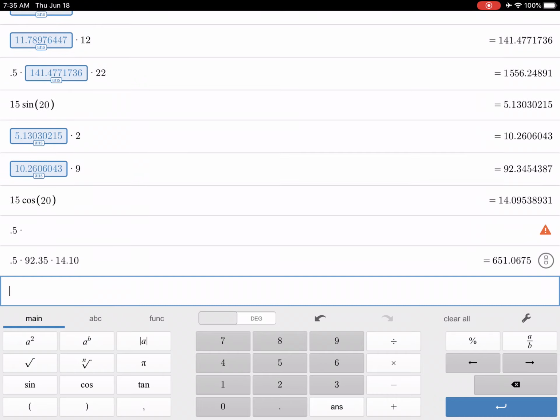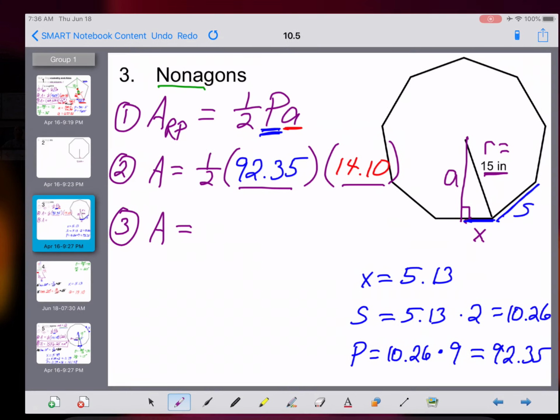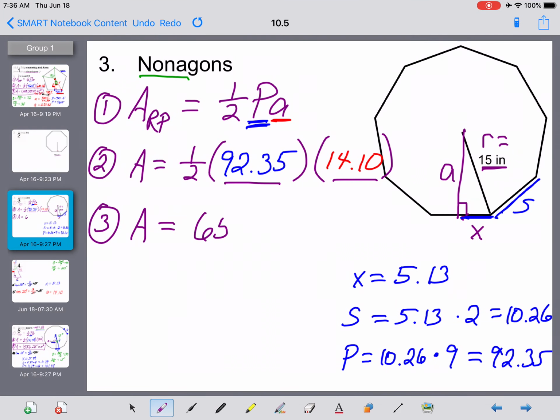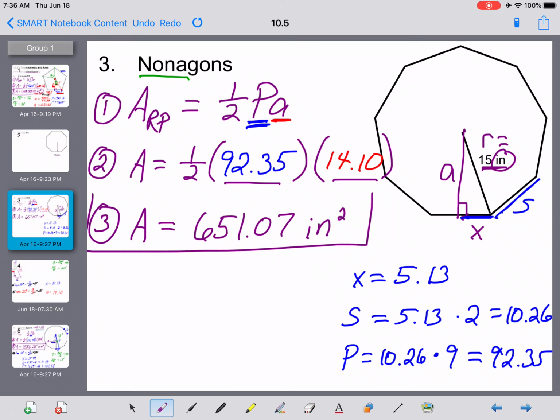And that, about as accurate as I can with this calculator, is going to get me this answer of 651.07. 651.07. Everything linear was given in inches, so that's going to be square inches for that area there.